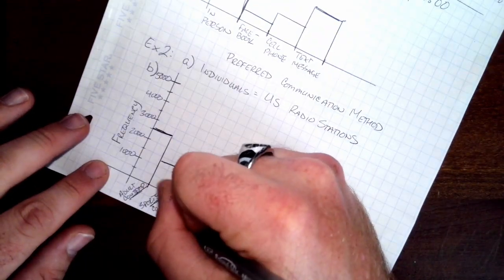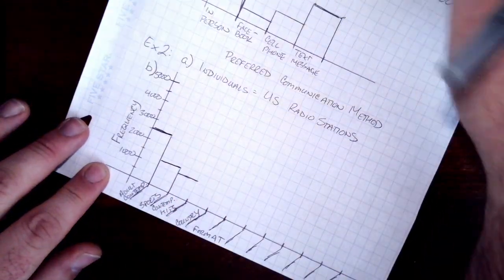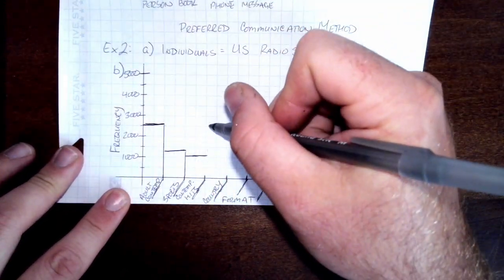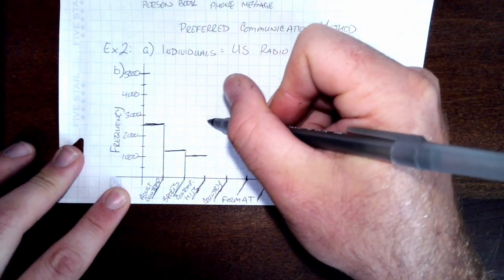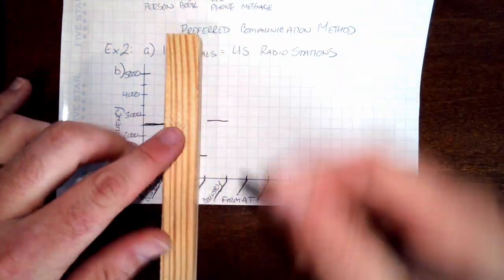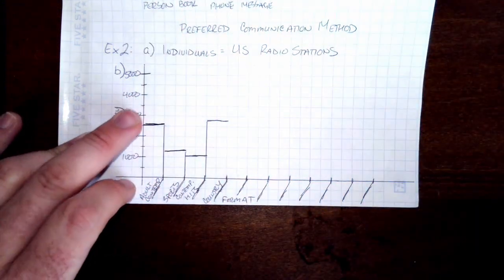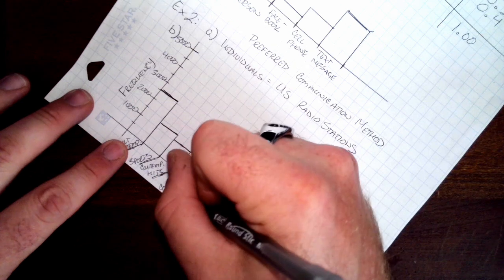Country. There were 2,893, so 2,500 would be about there, so 2,800 would be a little closer to 3,000. News, talk, information.